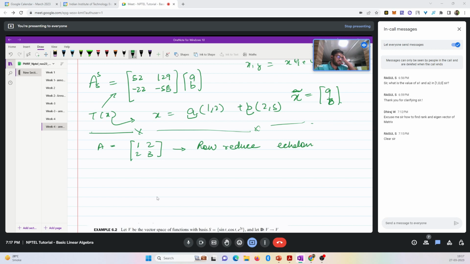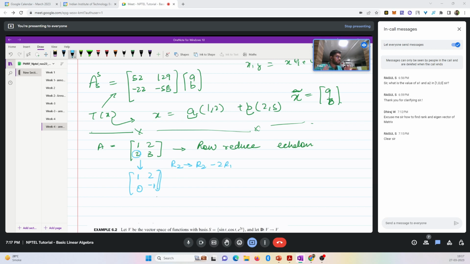You can watch the recordings of the previous video, where you will see how to convert this to echelon form. So you want to make this entry 0. Okay, so if you make this entry 0, your matrix becomes 1, 0, 2 minus 1. How? Because I made R2 go to R2 minus 2 times R1. Okay.